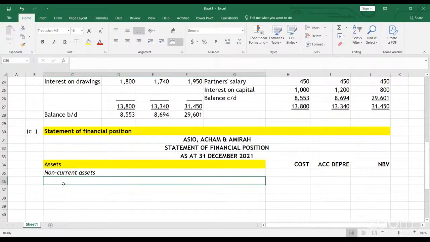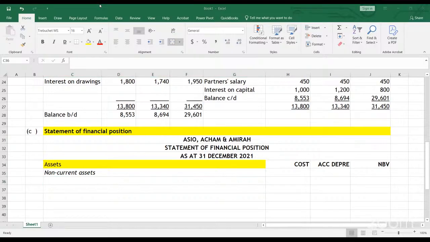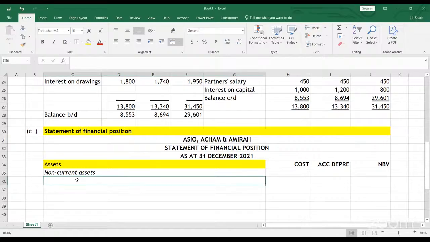We list them here very fast. Members, please let us do this and finish. Non-current assets, what do we have? Yvonne, what are the non-current assets? Annette, what are the non-current assets?